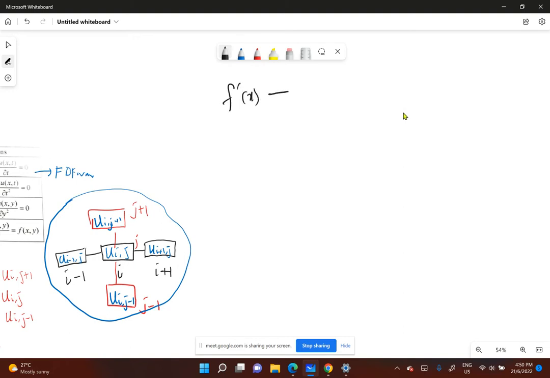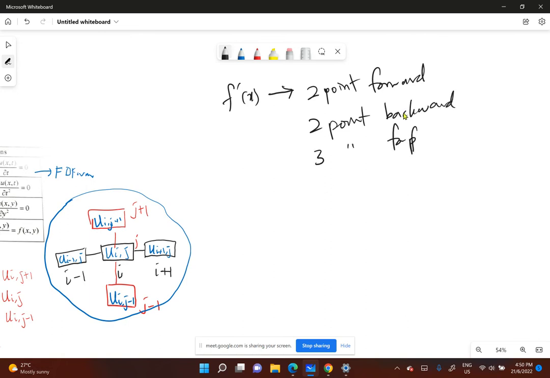Untuk first derivative kita ada 2 point forward. Ingat tak? And we have 2 point backward. We have 3 point forward. And we have 3 point backward. And we have 3 point central.